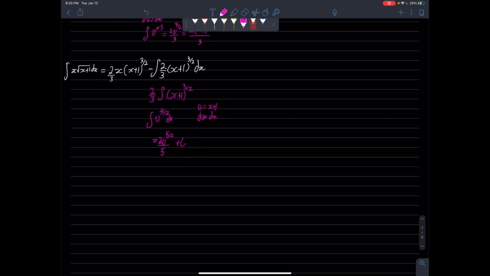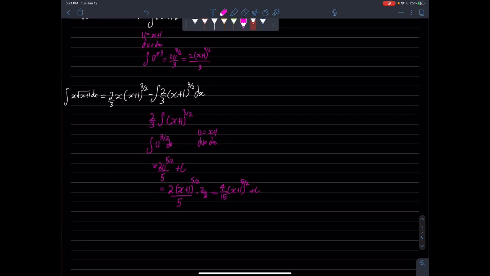So now you just substitute back. 2 times x plus 1 to the 5 over 2 over 5. We had a 2 over 3 outside. Multiply it, which is going to give you 4 over 15 times x plus 1 to the 5 over 2 plus c.